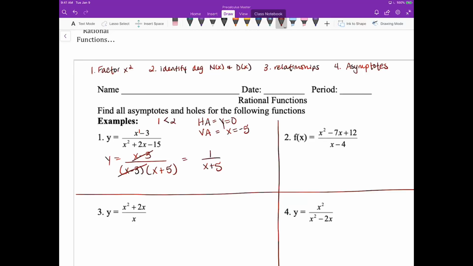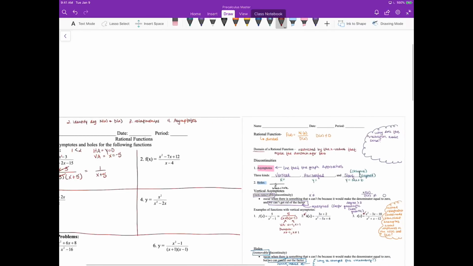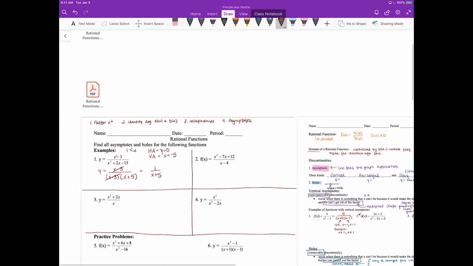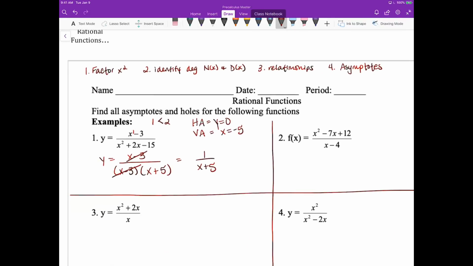Then I remembered that vertical asymptotes are related to holes, because that's what we talked about. I see that the holes cross out when the vertical asymptotes don't. So there's a hole at x equals 3, but a hole isn't just an x value, it's a y value too.